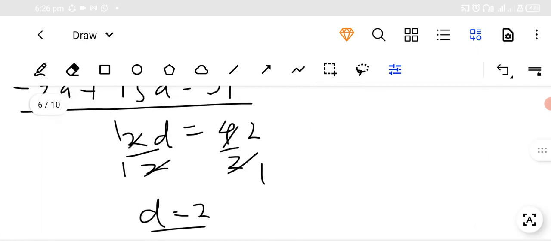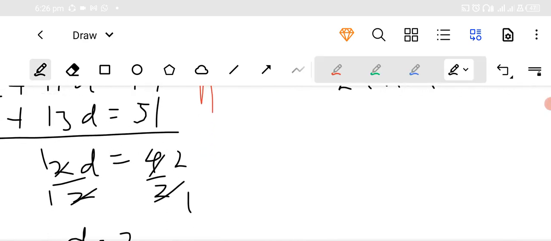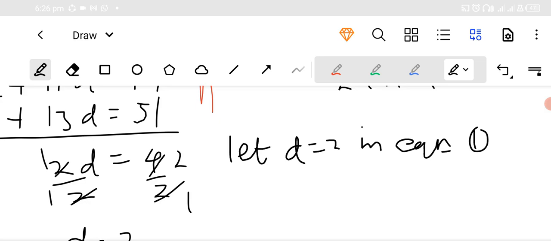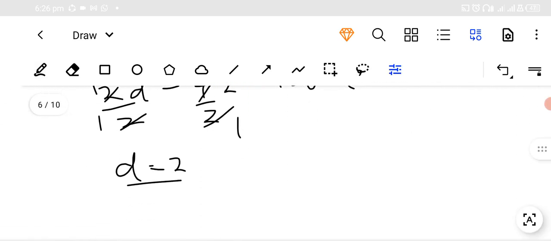Simple as that. And then from there, after finding d, let d be equal to 2 in equation 1. So we use equation 1, which is 2a plus 11d.